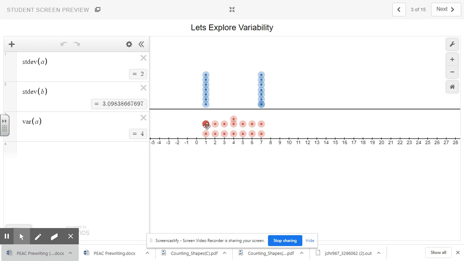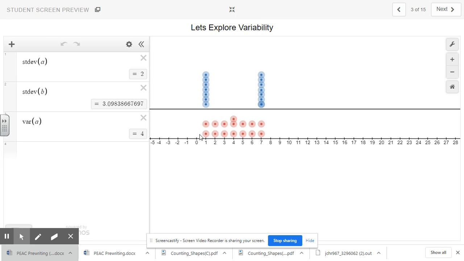So I have 2 red dots that have number 1, 2 red dots that have number 2, 2 red dots that have number 3, 4, 5, and keep going. Then I just randomly pick a number and I say, the number 5. What's the probability that I'm going to get a number 5 from a blue dot? Well, not very likely. It's very unlikely that I'm going to do that because there isn't actually one. So my variability will be higher. I'll be less likely to get that.